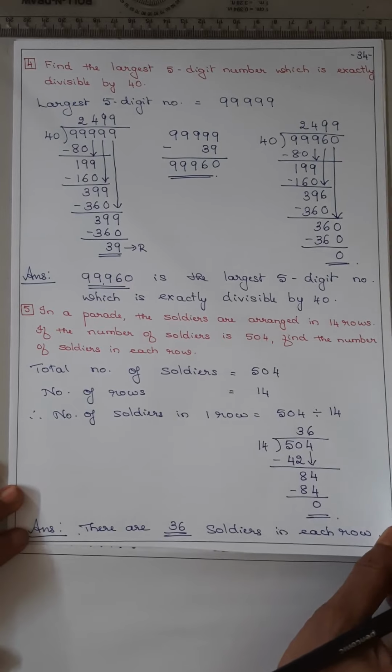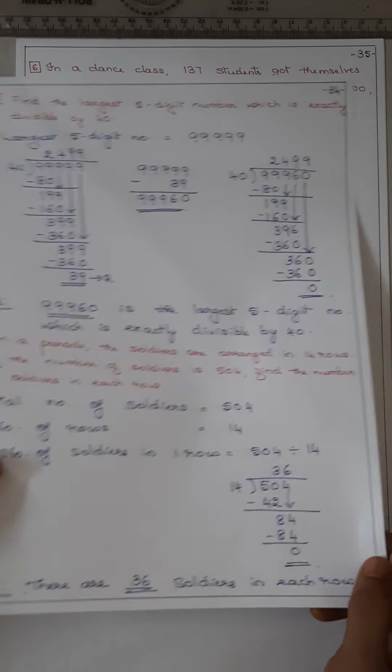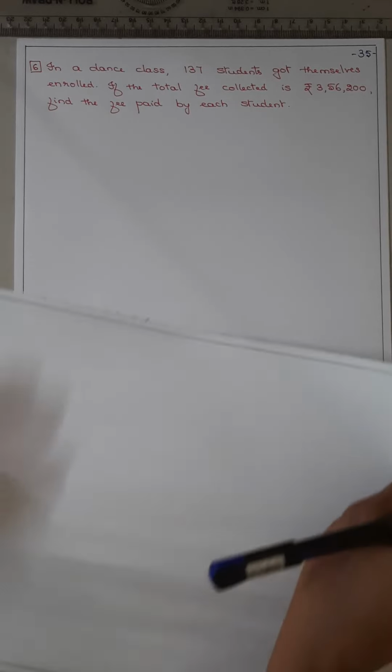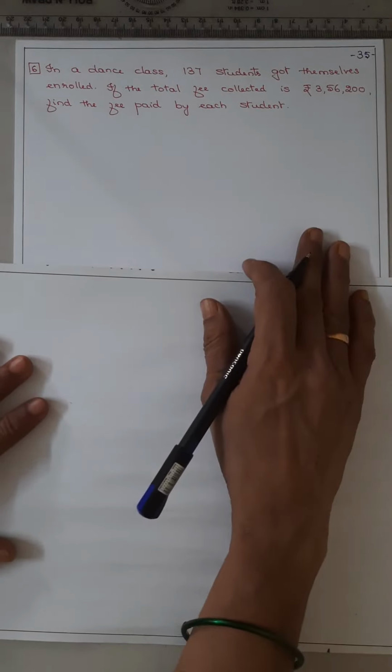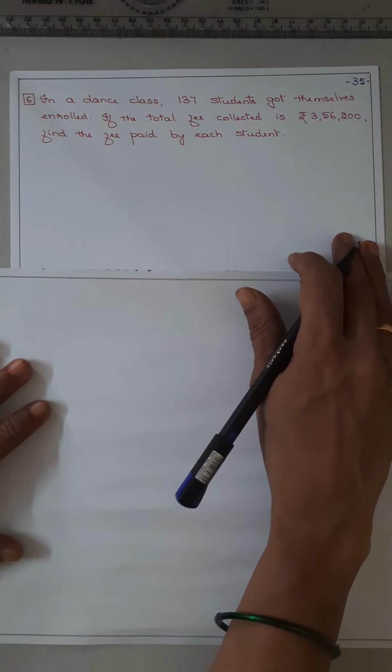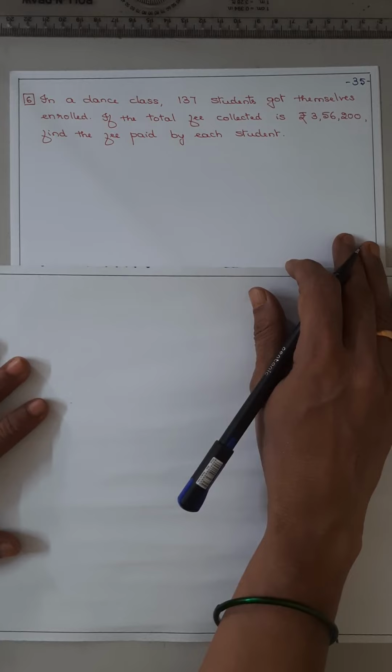Is it clear? Now coming to the sixth question. In a dance class, 135 students got themselves enrolled and the total fee collected is 3,56,200.